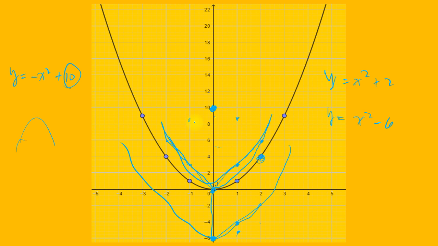F of x is shifted horizontally by 1 unit to the left, because h is negative 1.